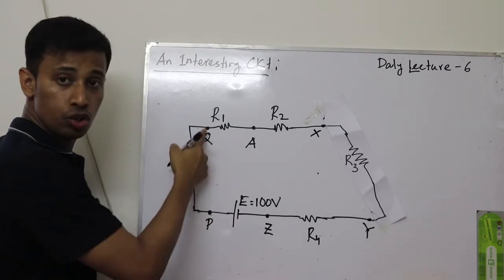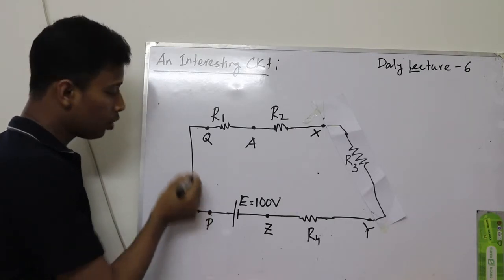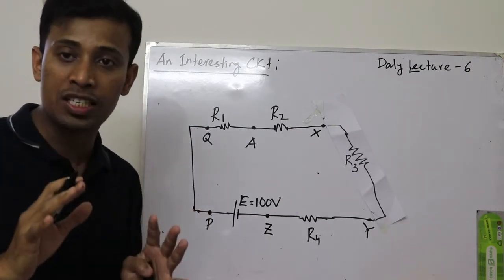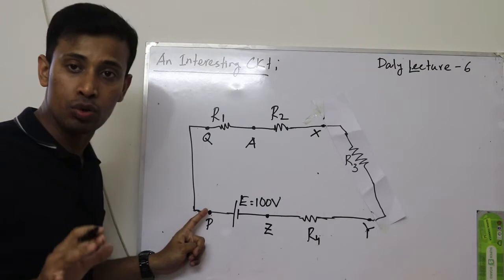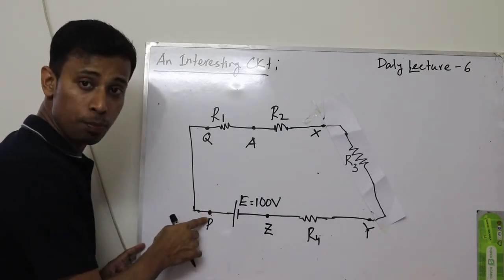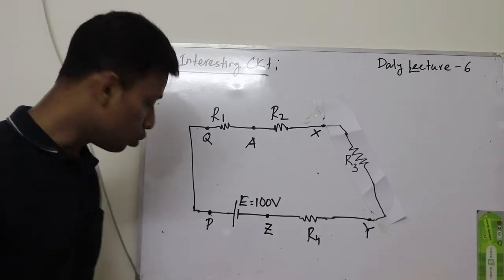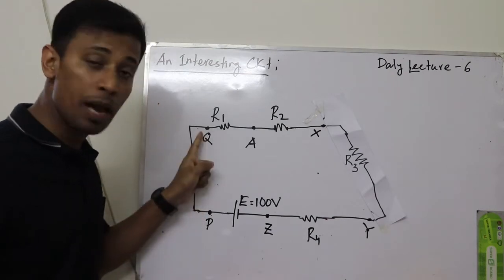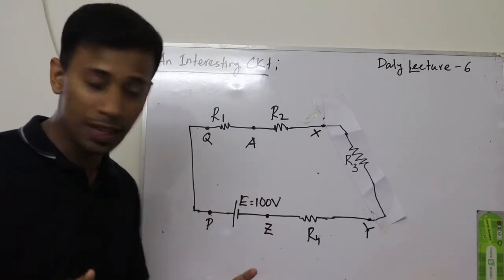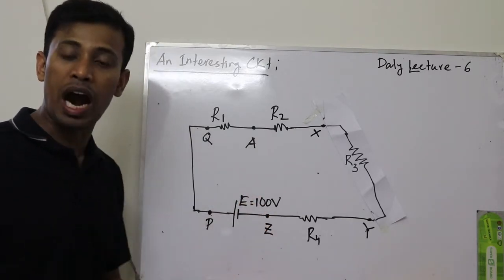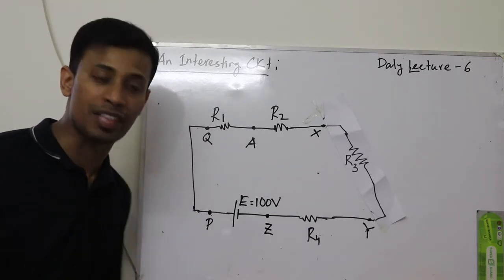So from here to here we have a line, and no potential will be used by the electrons. That means the potential at point P, which was supposed to be 100 volt, will be the same as the potential at point Q. As their potentials are the same, obviously these two are the same point.